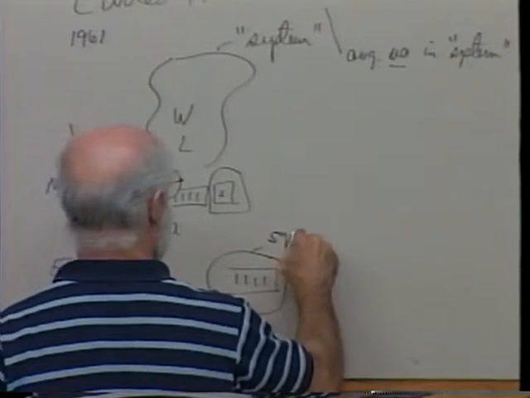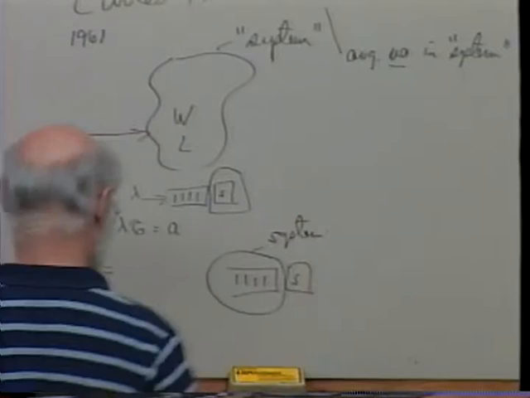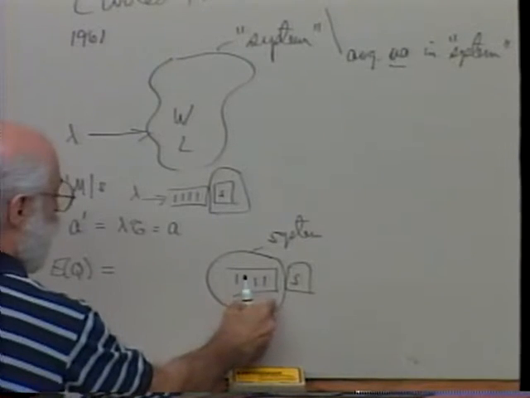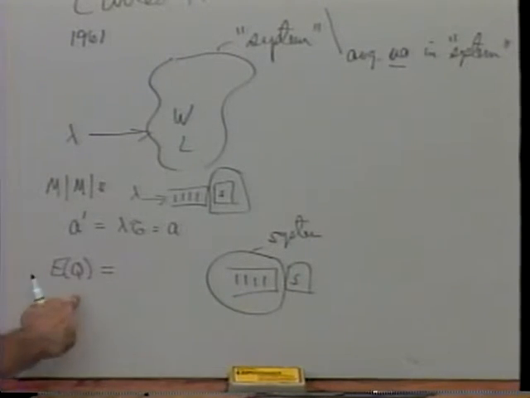My system is just the waiting positions. So by Little's theorem, the average number that are waiting, the average number in the queue, is equal to the rate at which the customers enter the queue times the average time they spend in the queue.